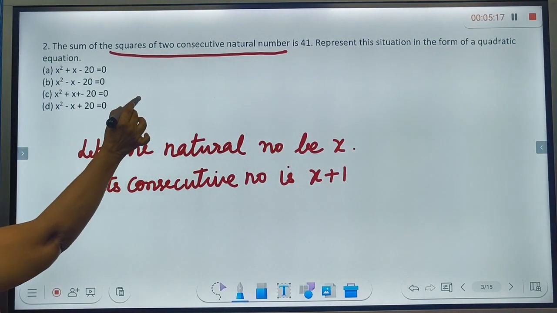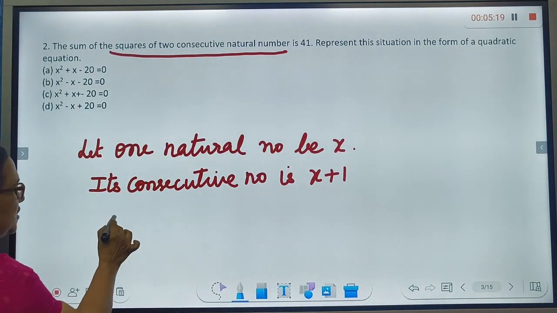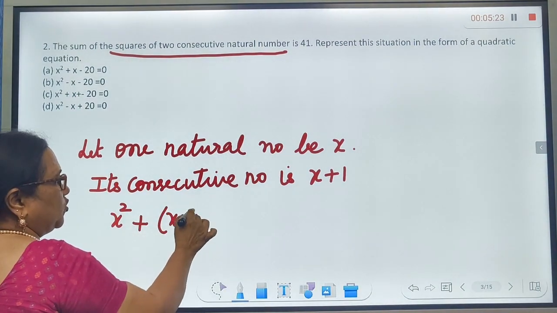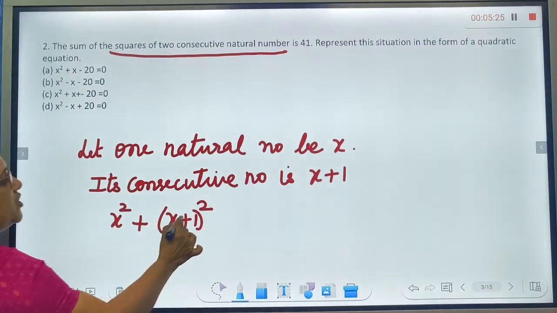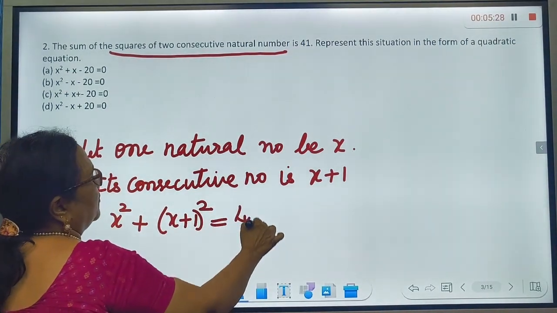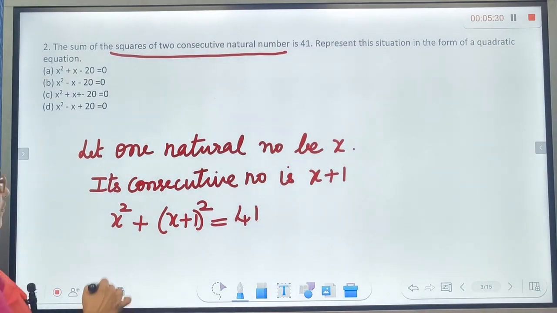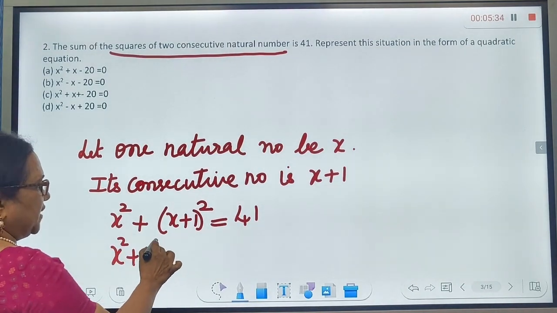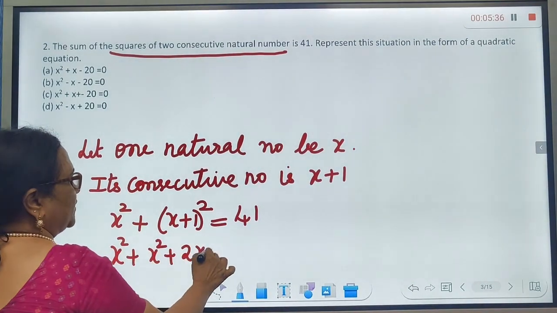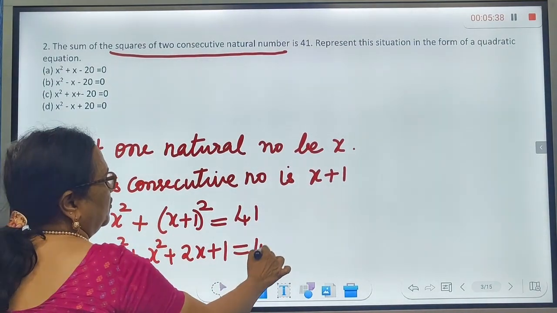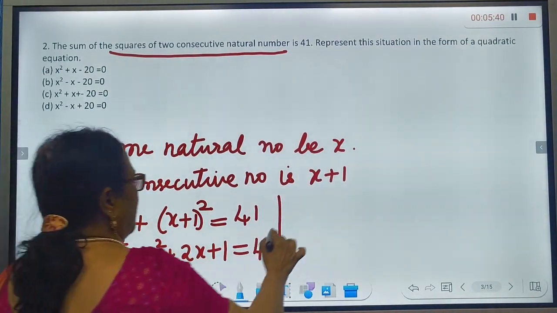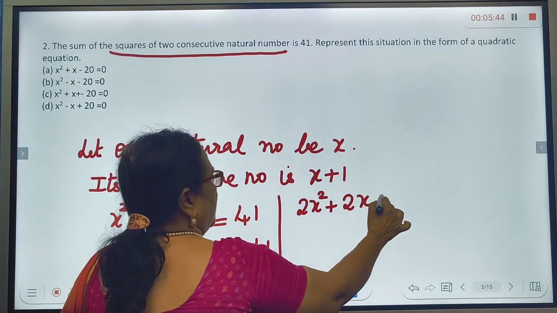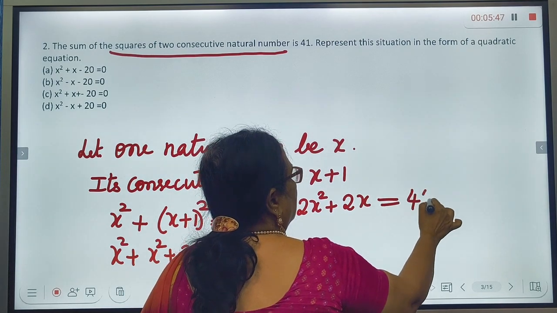Now what is given? The sum of the squares. So the square of x is x square. The square of x plus 1 is x plus 1 the whole square. The sum of the squares is 41. So if I simplify this, what will I get? X square plus 2x plus 1 equal to 41, which is same as 2x square plus 2x is equal to 40.